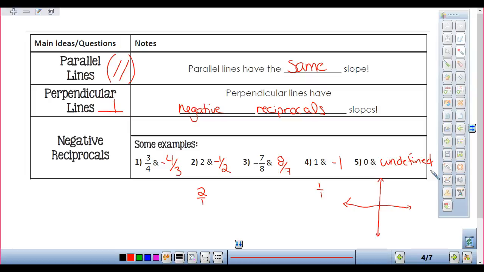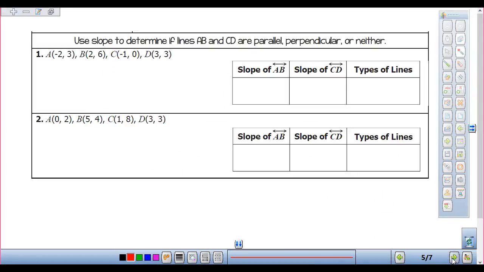Okay? Now, AB and CD. So if I'm looking for the slope of line AB, what 2 points would I use? Well, just for AB, what 2 points would I use? A and B. Hey! So for AB equals, what goes on top?